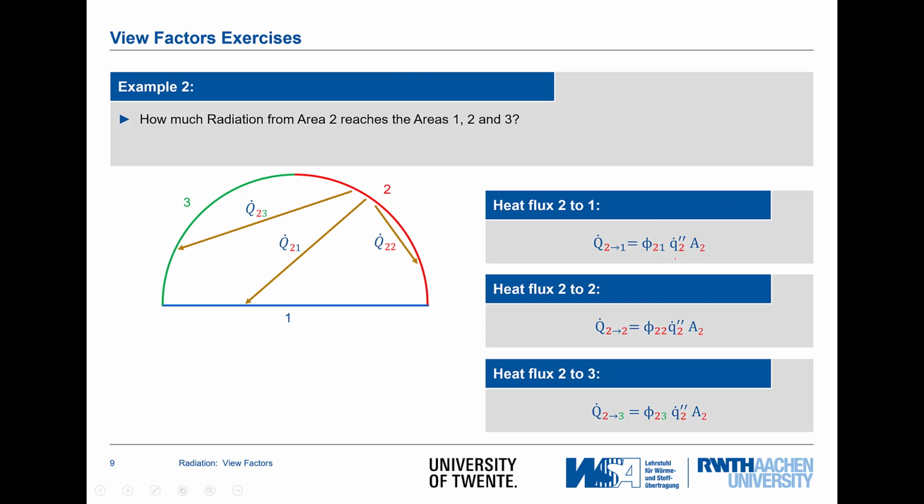And just generally write down the equations using view factors times surface brightness. As I mentioned in the last video, this expression we call surface brightness. For the moment, just accept the name. I will define what that is further on in the other videos.